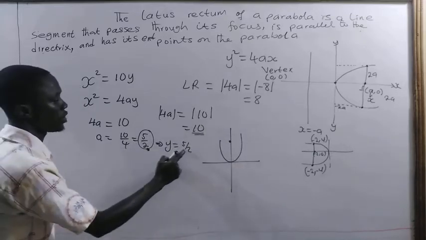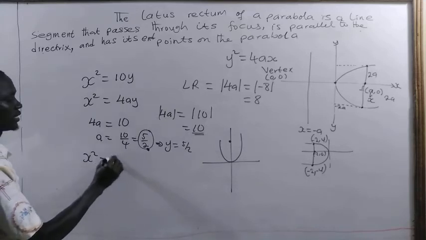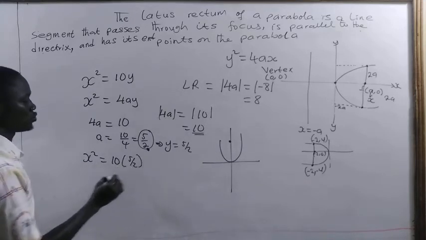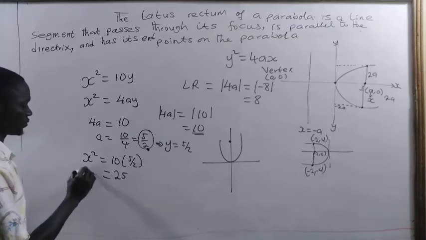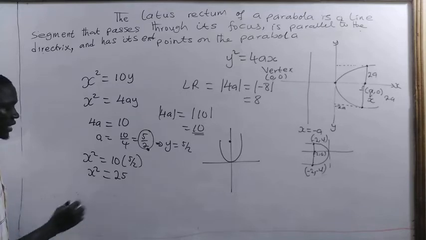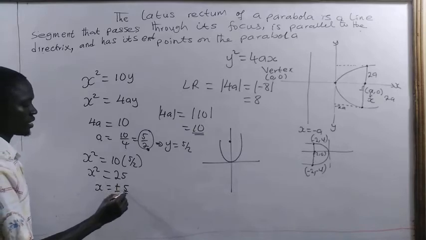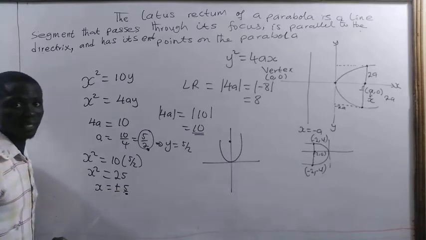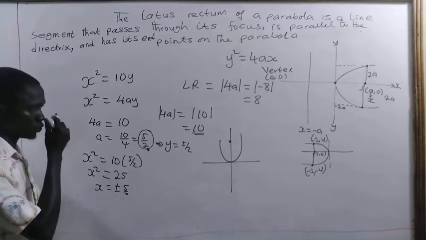So here we can put y back to have x squared equal to 10 times 5 over 2, equal to 25 as our x squared. And here we are going to have x equal to plus or minus 5 as the endpoints of the latus rectum. So how do we state the endpoints of the latus rectum?